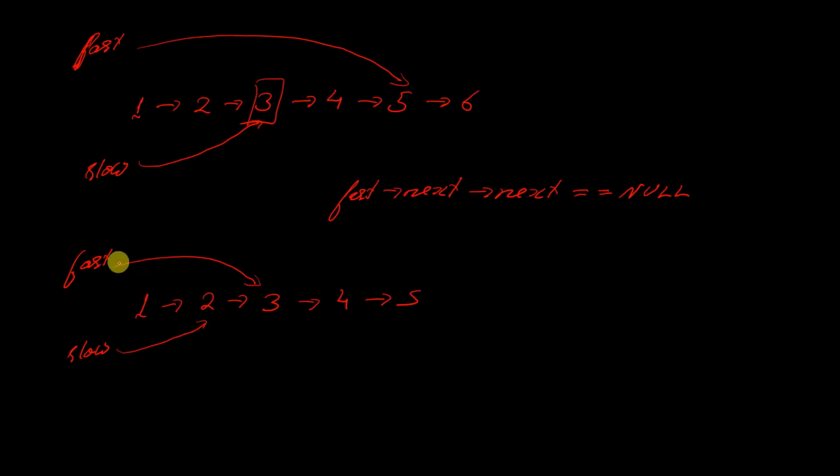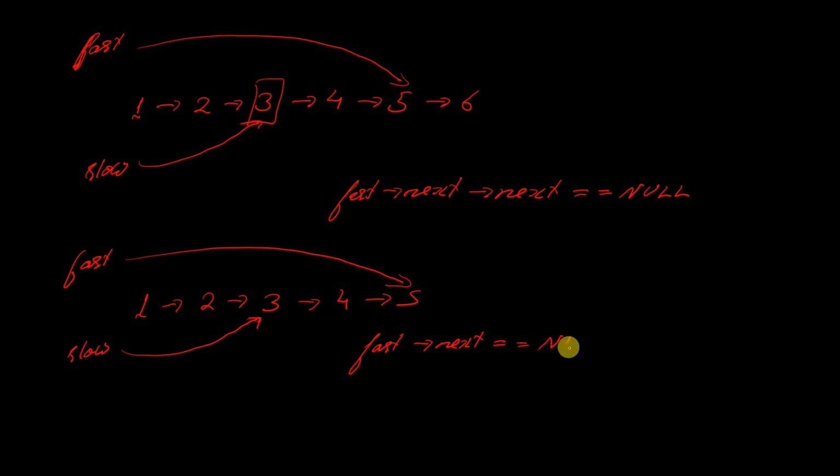Now again after increasing, fast will point toward this and slow will point toward this. So this is the condition where we have to stop when it has an odd number of nodes. So here the condition is fast next equal to null. These are the two conditions when we have to stop to get the middle element.